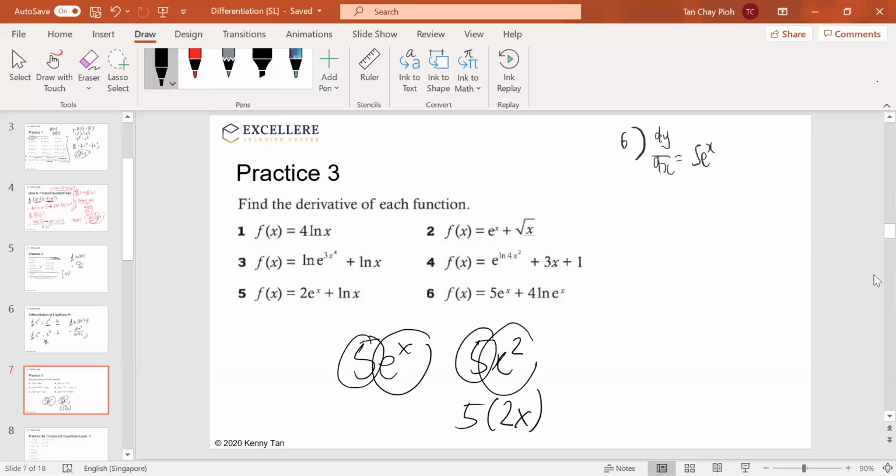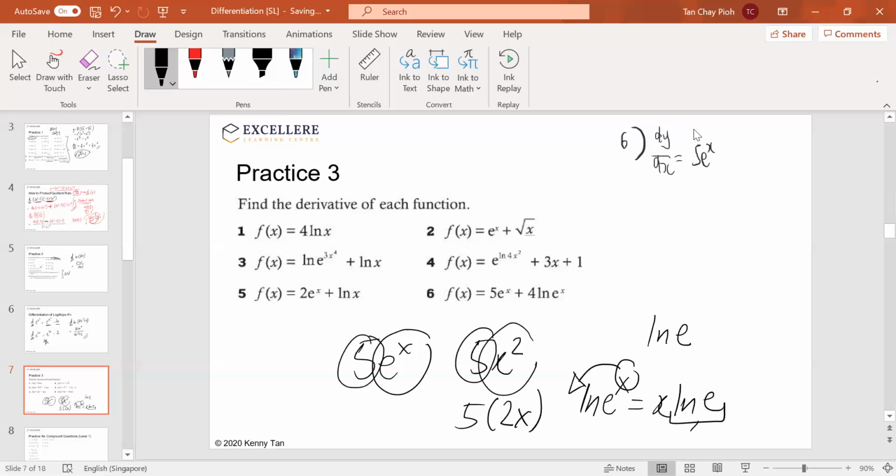Okay. So this is something that you need to know. Ln e to the x is equal to x. Basically, look, why does ln e to the x equal x ln e? Because you know you can bring this down, logarithm. You know that? Yeah. And what is ln e?